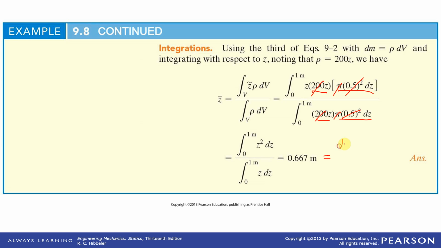That would be 1/3 on the top, 1/2 on the bottom, right? Because the limit is 1, or 2/3 of the total height, 2/3 of a meter. Check.